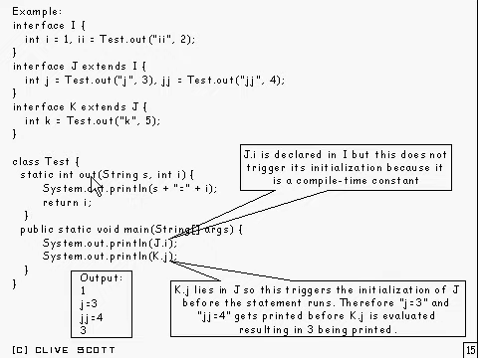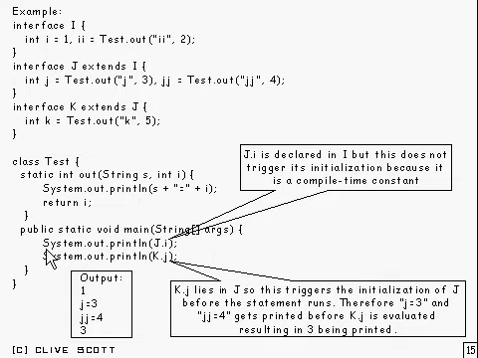Test.out is a static method in this, which takes a string and an int, and that int is returned immediately down there, and it prints out that string equals and that value there. So this is going to print out I equals 2, and it will return 2. So there, J equals 3, and it will return 3, and so on.